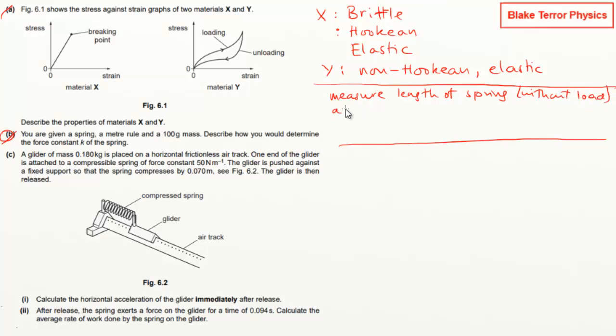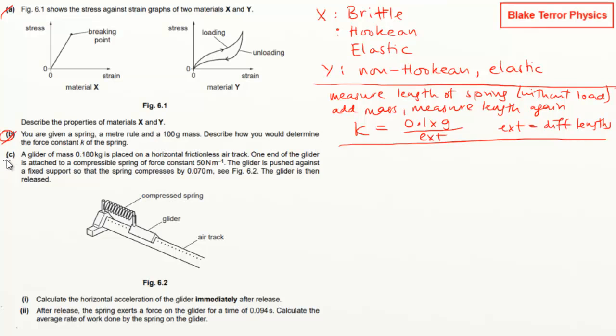Then add the mass and measure length again. Then we can say that the force constant is going to be equal to 0.1 multiplied by g, that's the force, divided by the extension. And you might want to just add in that the extension is the difference in the lengths. And then that will give us whatever it gives us.